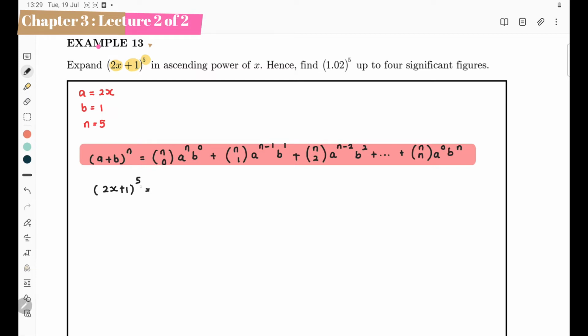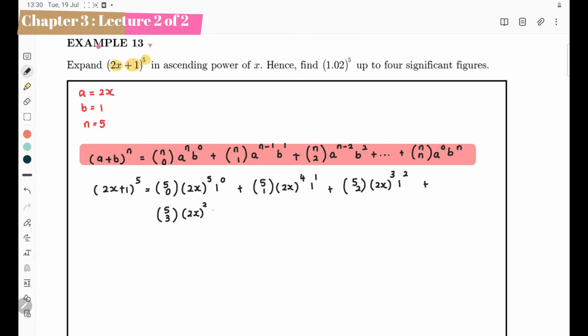So (2x plus 1) to the power of 5 is 5C0, (2x) to the power of 5, 1 to the power 0, plus 5C1, (2x) to the power 4, 1 to the power 1, plus 5C2, (2x) to the power 3, 1 to the power 2, plus 5C3, (2x) to the power 2, 1 to the power 3, plus 5C4, (2x) to the power 1, 1 to the power 4.